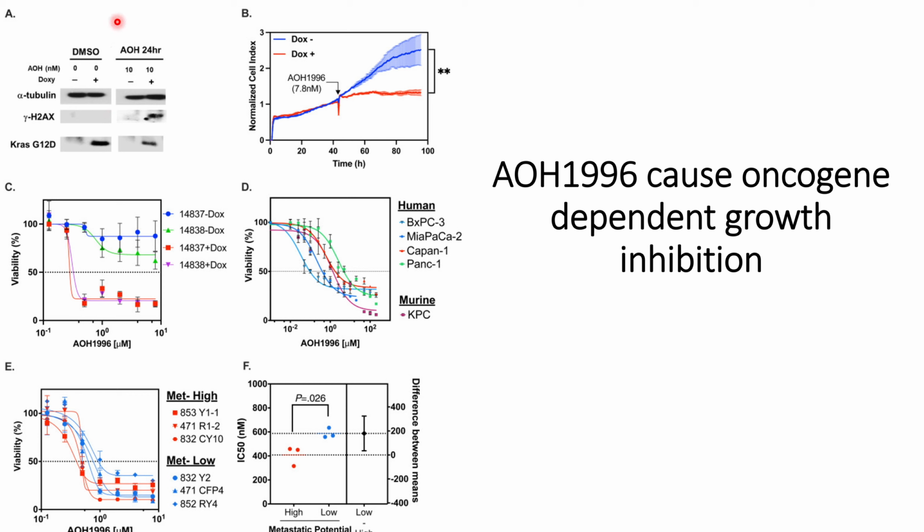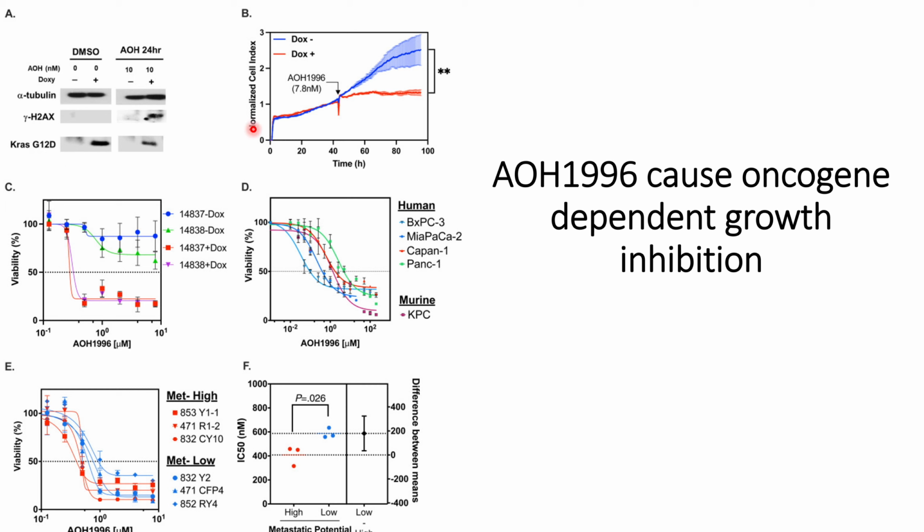But when this AOH is introduced for 24 hours at 10 nanomolar concentration, without doxycycline, we do not see gamma H2AX, or only very minimal gamma H2AX signals, indicating that this AOH does not target the healthy cells. But when they use doxycycline that causes KRAS G12D mutations, we can see this gamma H2AX formation, indicating that this AOH will target the cells which have this KRAS G12D mutation.